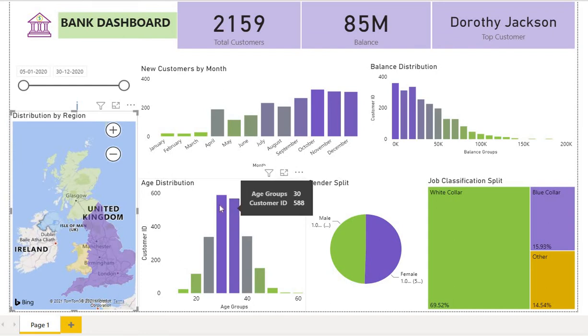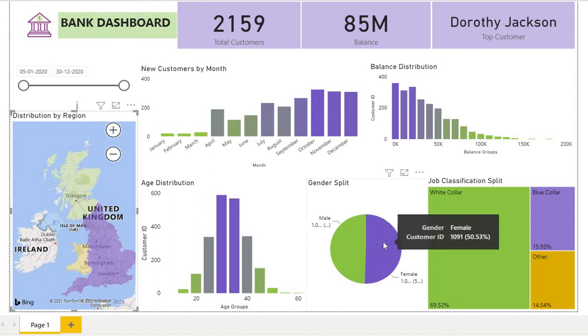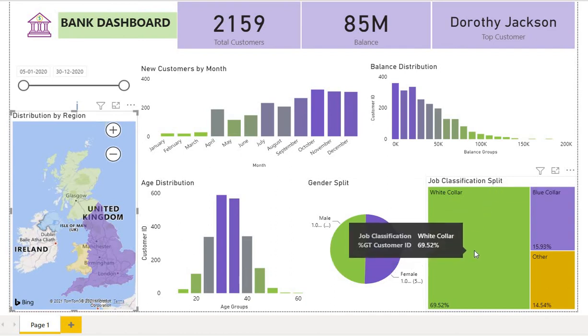So the bank must initiate the respective schemes for the people in this age group. For the gender split, it's quite evident from the graph that it's quite equal, which is approximately 50% male and 50% women.